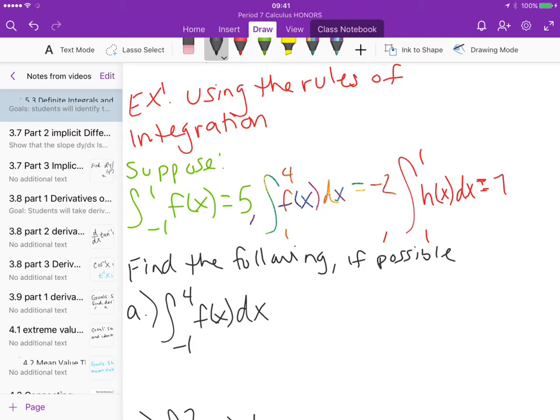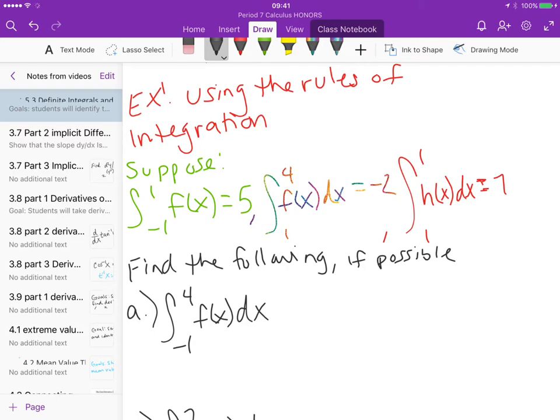We already know that from -1 to 1 has a value of 5, and then we also know that from 1 to 4 has a value of -2 for the integral of a function denoted f of x. This is using our sum and difference rule. We have a little additivity, sum and difference kind of thrown in there.